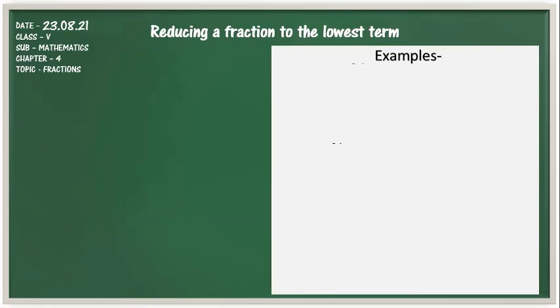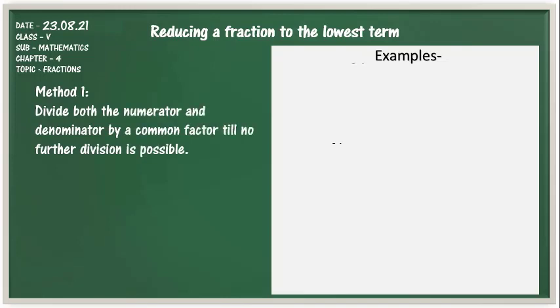Reducing a fraction to the lowest term. For this, again we have 2 methods. First method, by division. Divide both the numerator and denominator by a common factor till no further division is possible. For example, reduce 36 by 52 to the lowest term.